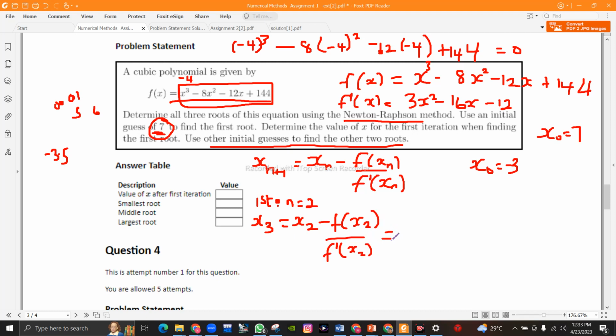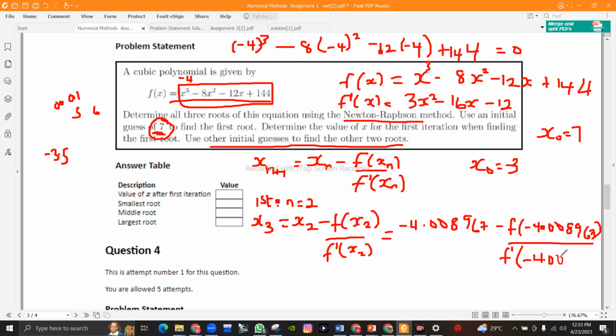Our x2 was minus 4.008967, minus a function of that number, divided by f prime of that number, minus 4.008967.